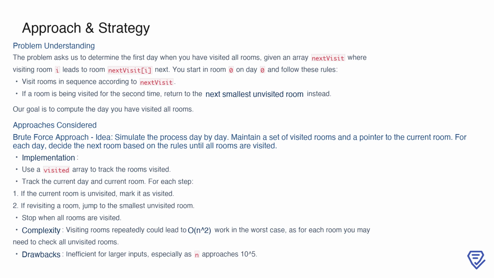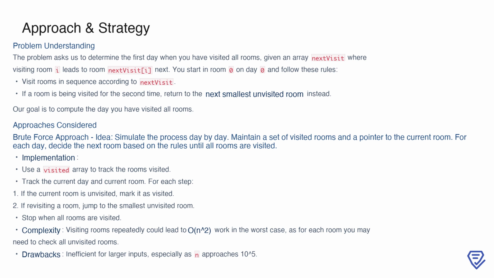One straightforward approach to solving this is brute force. Here, we simulate the process day by day, keeping track of which rooms have been visited and the current room we're in. On each day, we decide where to move next based on the rules. If the current room hasn't been visited yet, we mark it as visited. If it has already been visited, we find the smallest unvisited room and jump there.